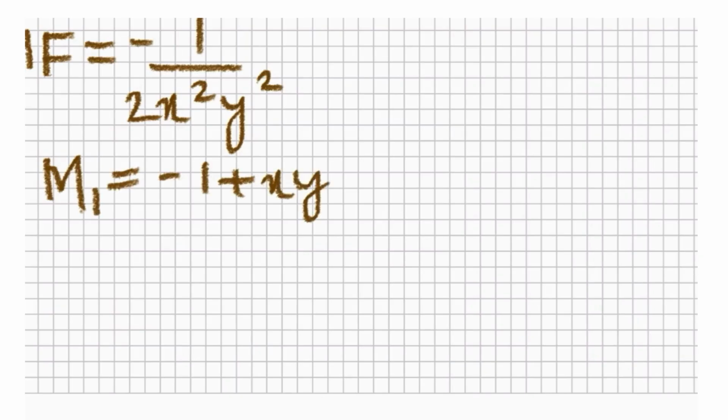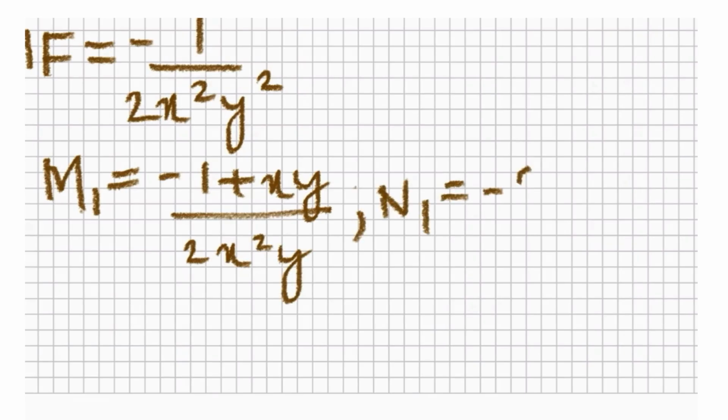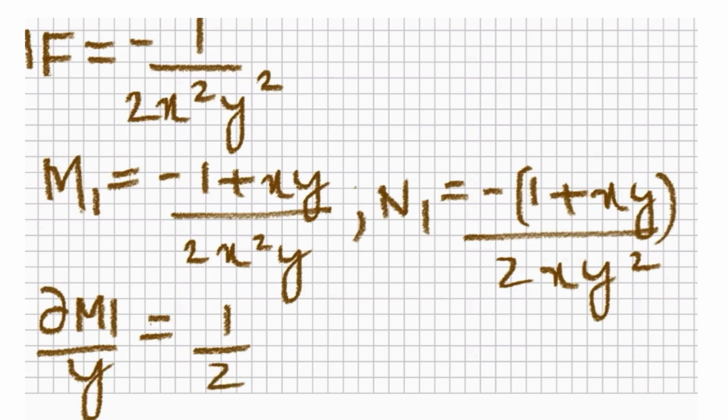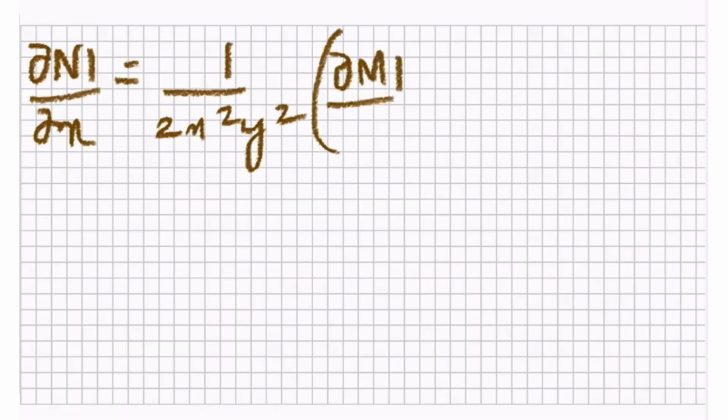We go on by multiplying the integrating factor to the equation and getting a new set of M1 and N1 terms. Our next step is to partially differentiate these M1 and N1 terms, and we see that both of these partial differentiations give us the same result.